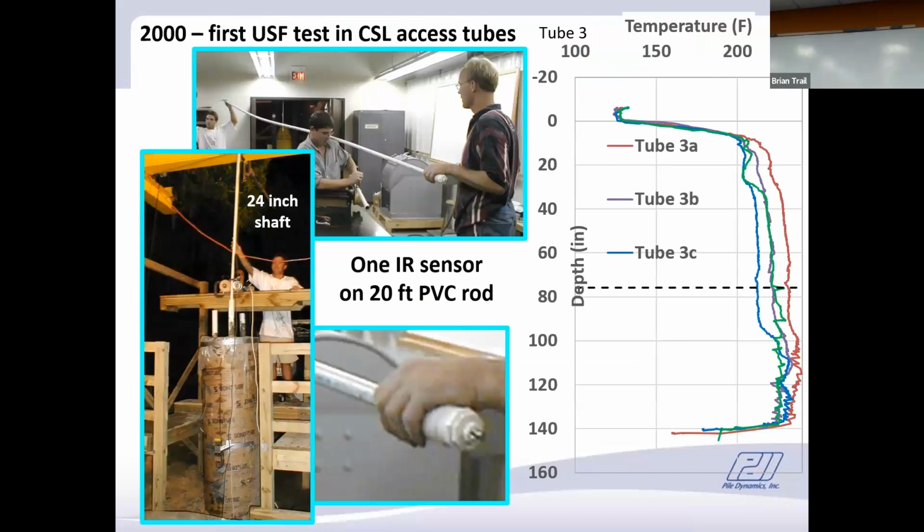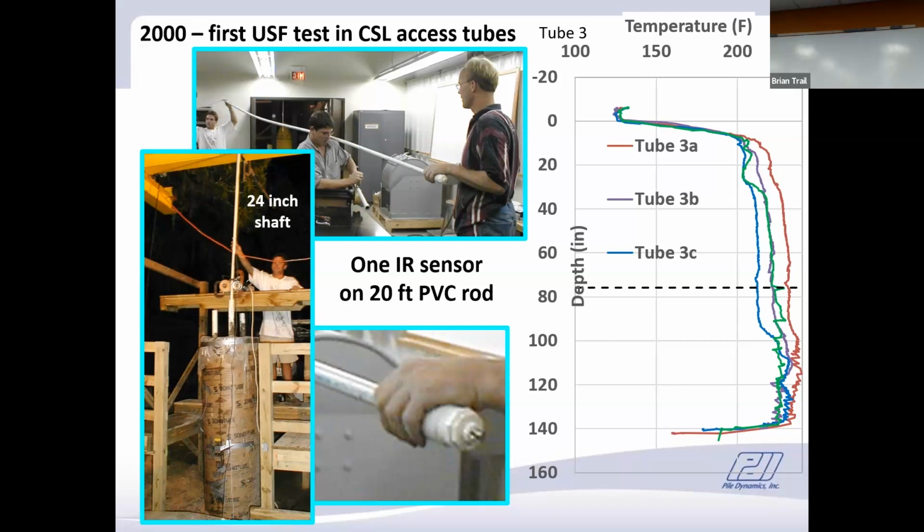This was their first actual test in a pile. They made a 12-foot long pile, 6 feet of it sticking up out of the ground and 6 feet in the ground. It was again a cement paste pile. And they put an IR sensor at the bottom of a 20-foot long PVC tube. So that was their measurement device.